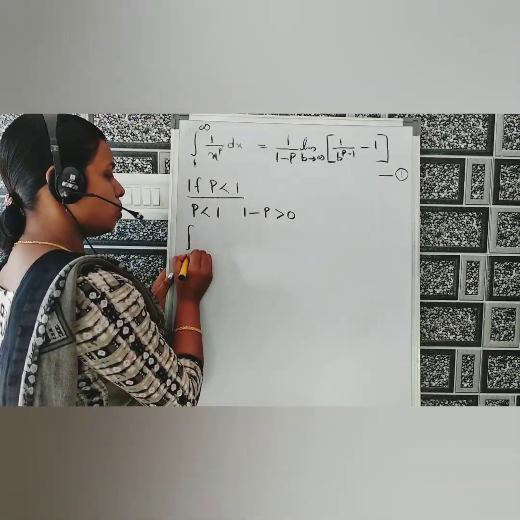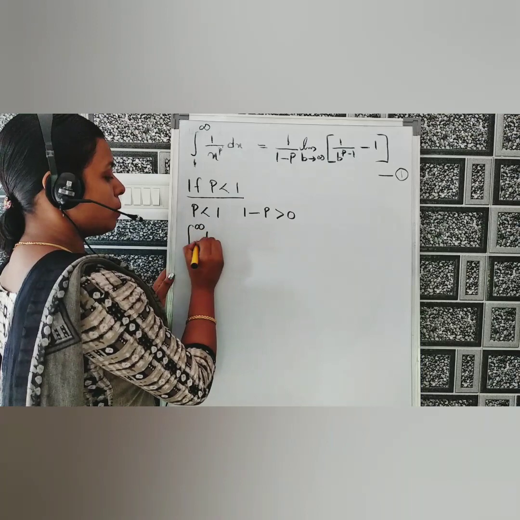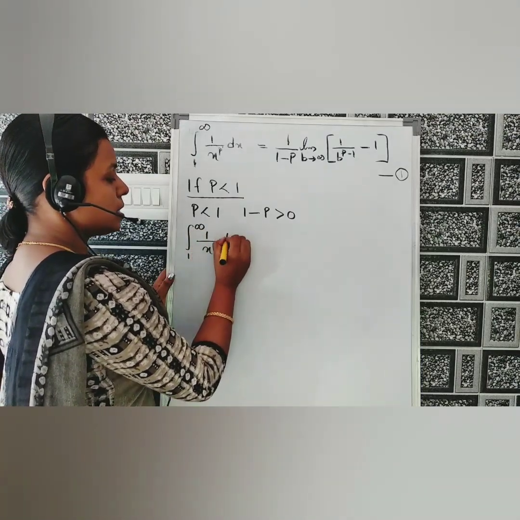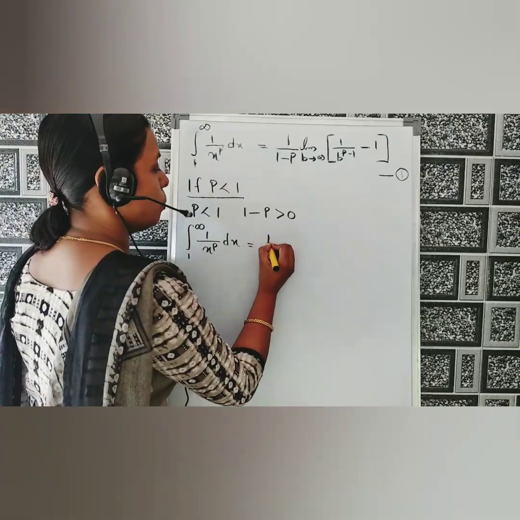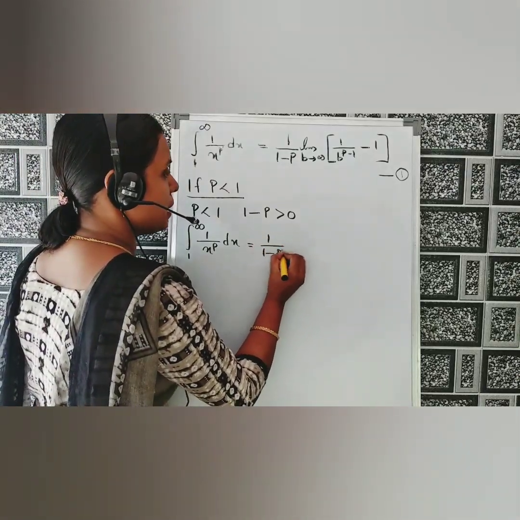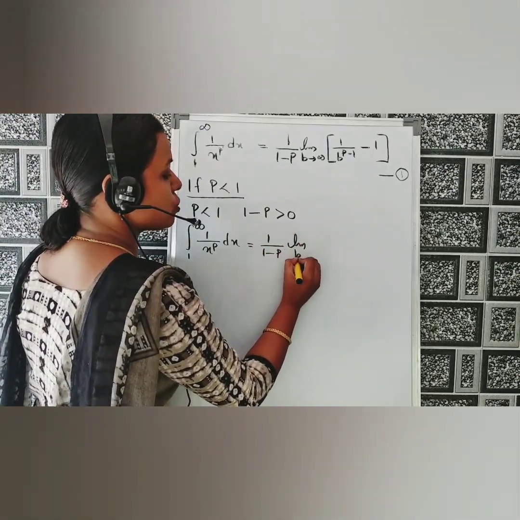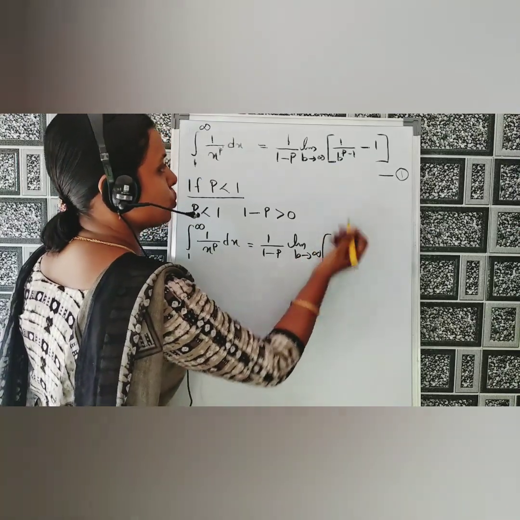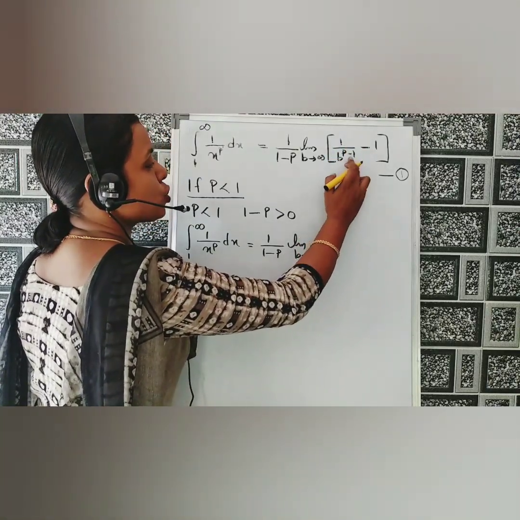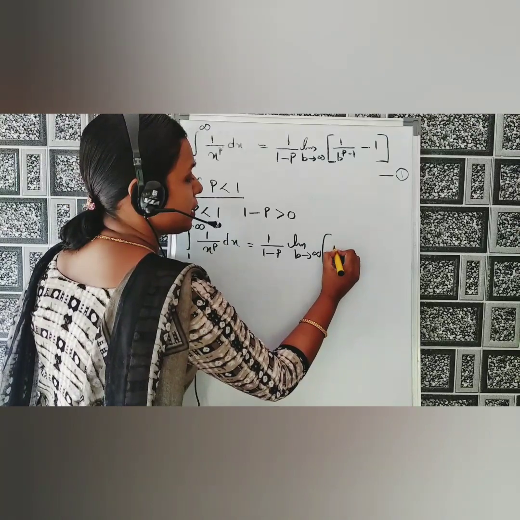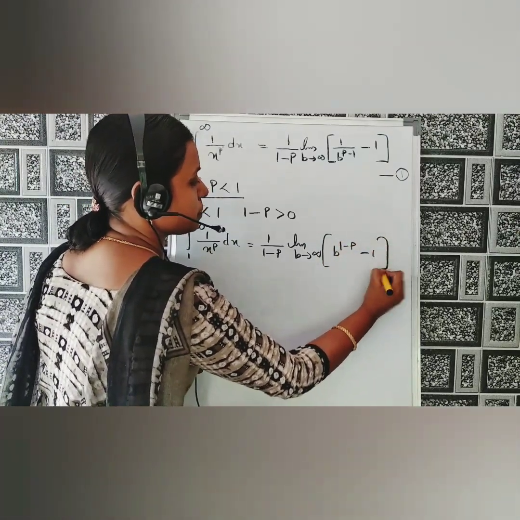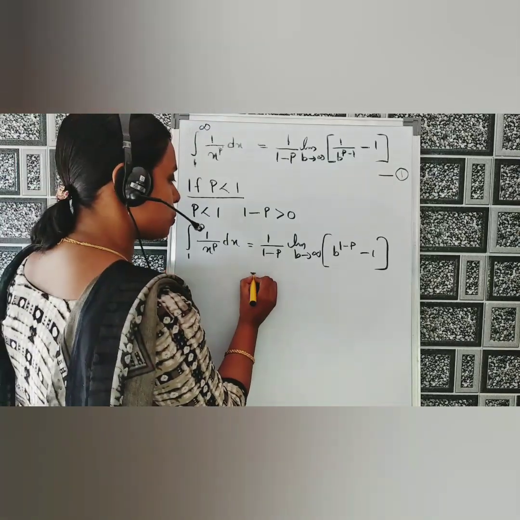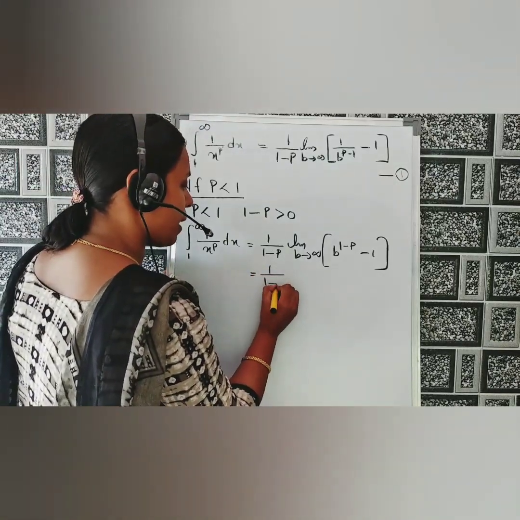Then integral 1 to infinity 1 by x raised to p dx equal to, by equation 1 we can write it as 1 by 1 minus p limit b tends to infinity of b raised to 1 minus p minus 1.